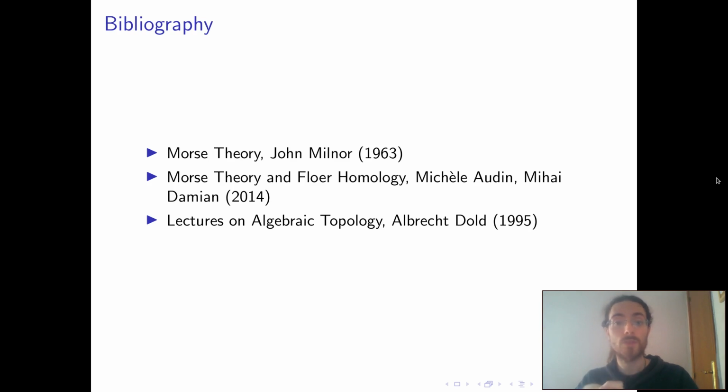So you can check Milnor's book, Morse Theory. This is an excellent reference. This was the first book where everything about Morse theory was properly compiled, and this is an excellent resource. But where everything that you don't find here, you will be able to find it in Morse Theory for Homology by Audin and Damian.